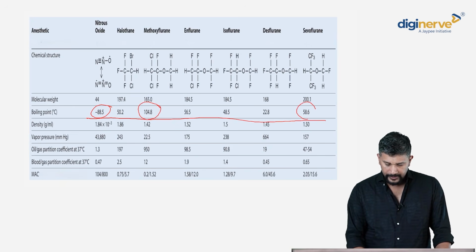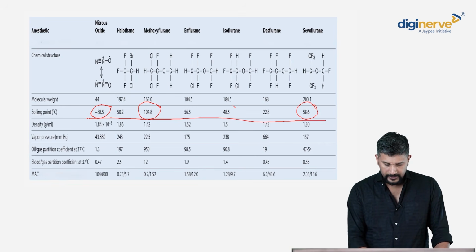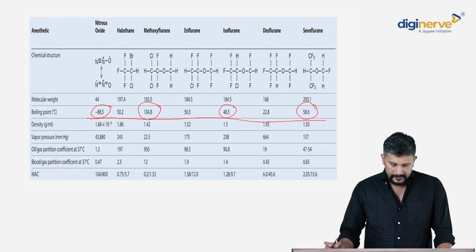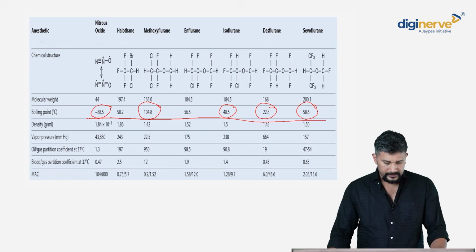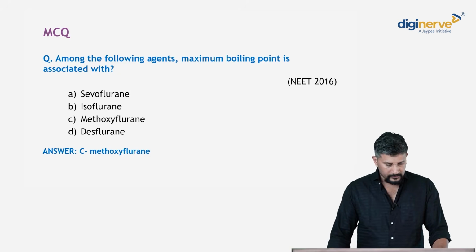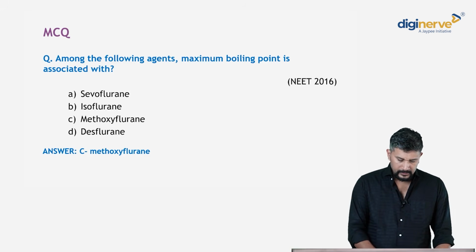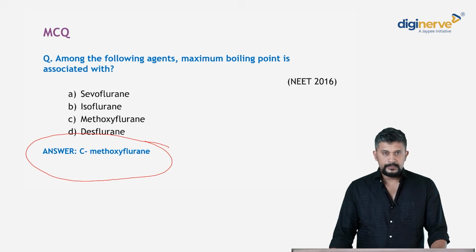Sevoflurane has a boiling point of 58.6 degrees Celsius. Isoflurane has a boiling point of 48.5 degrees Celsius, and desflurane has a boiling point of 22.8 degrees Celsius. So like we have seen, the maximum boiling point therefore is that of methoxyflurane. So the correct answer is C.